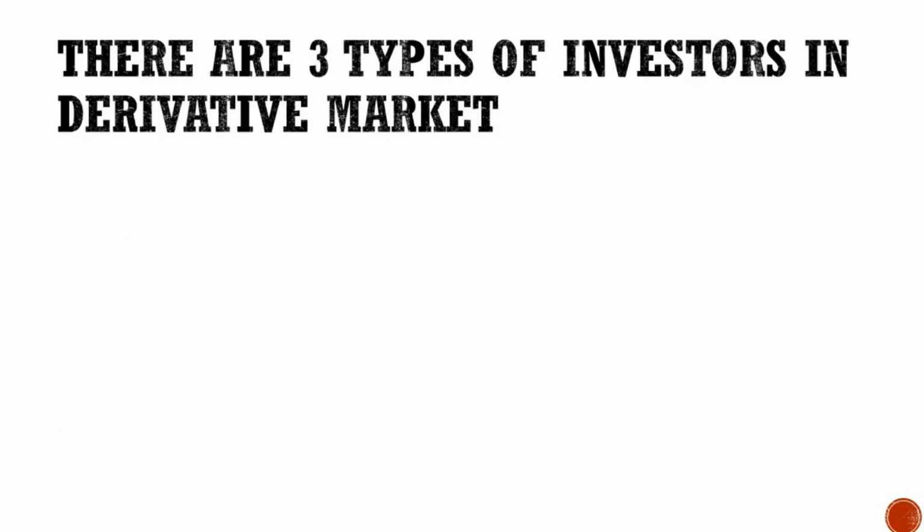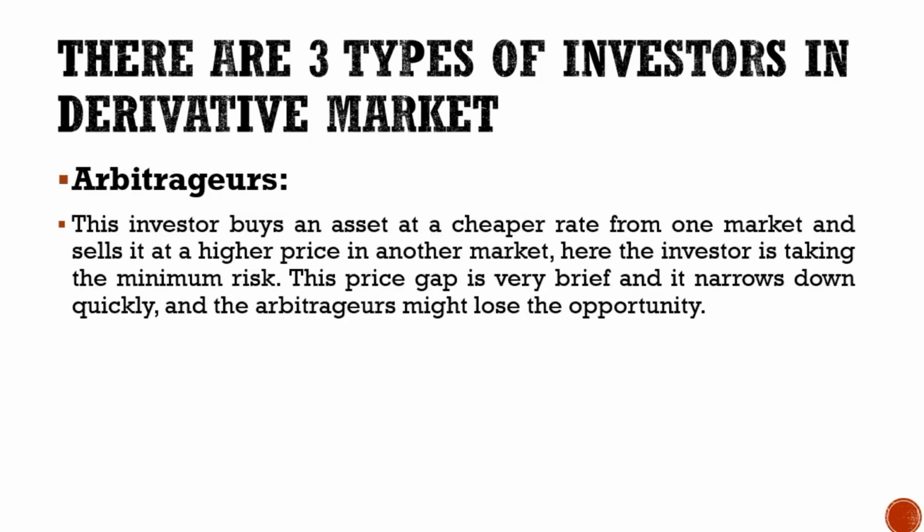Now, let us learn various types of investors in the derivative market. In a broad sense, there are three types of investors in the derivative market. Number one, they are known as the arbitrageurs. Now, who are arbitrageurs?